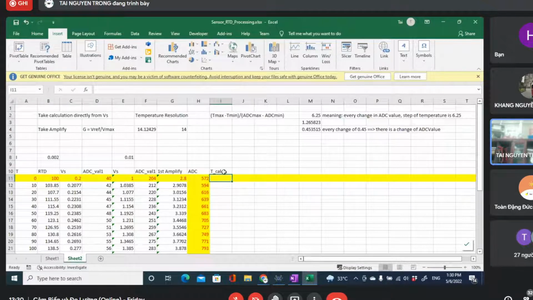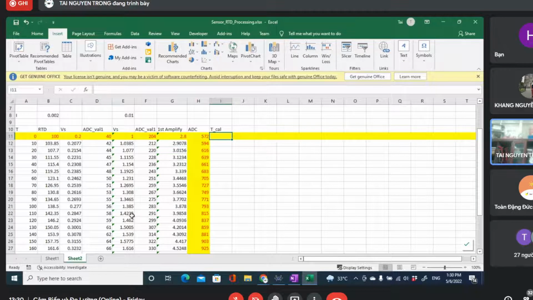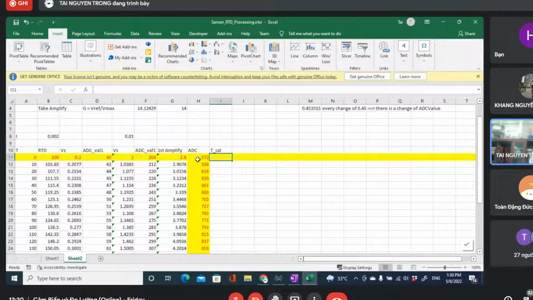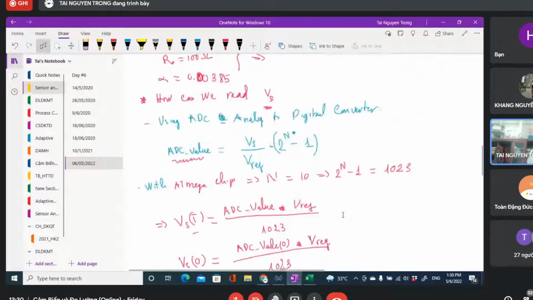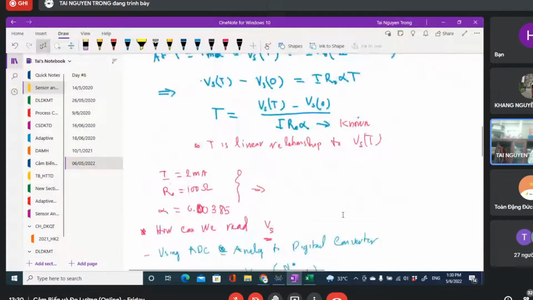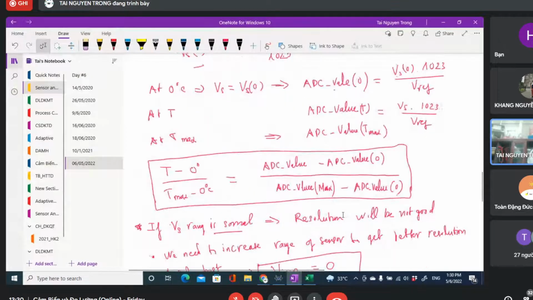It will be the value of the ADC returned to the request. Okay, T is equal to T max, and the value of the ADC minus the ADC 0 divided by the request.